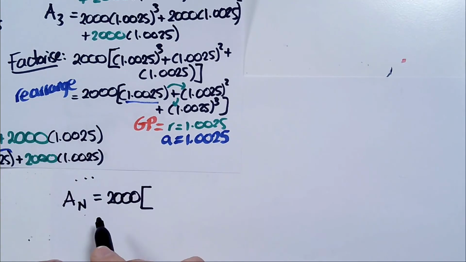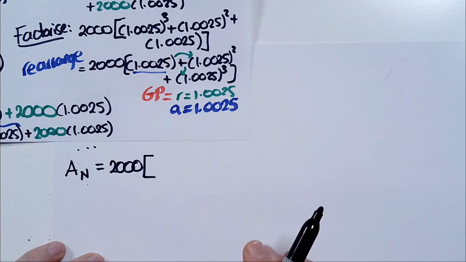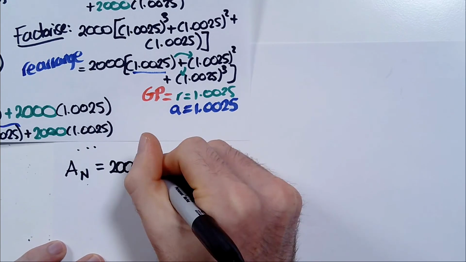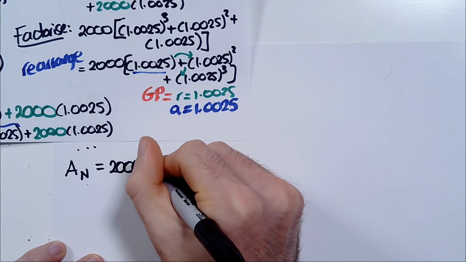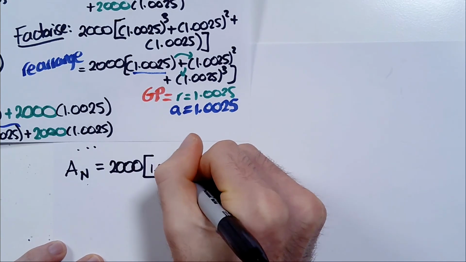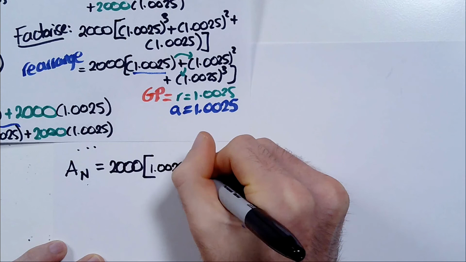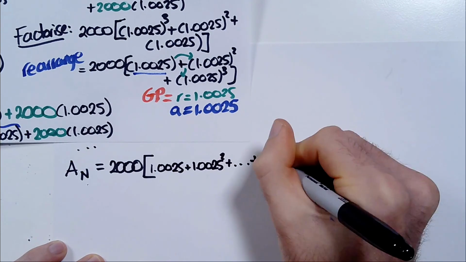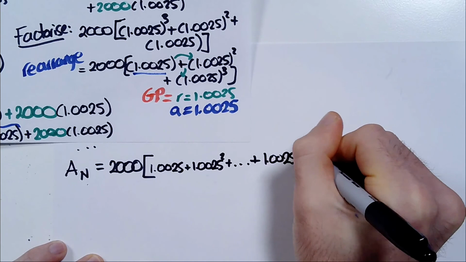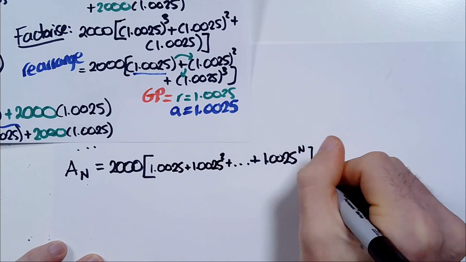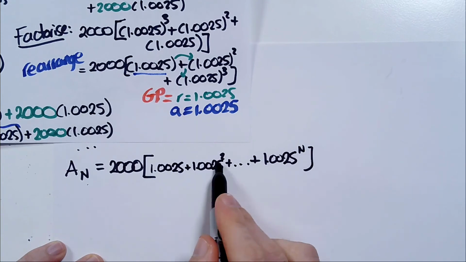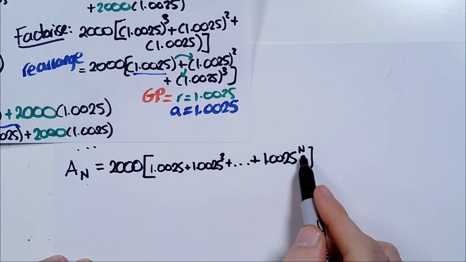So what we can say is that the value of the investment at any month is going to be 1.0025 plus 1.0025 squared plus, and it's just going to keep going until we get to 1.0025 to the n. So if it was the 10th month, we would make that power 10. These would just keep going up until we got to the power of 10.